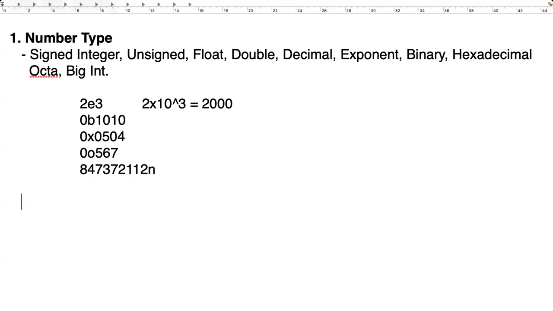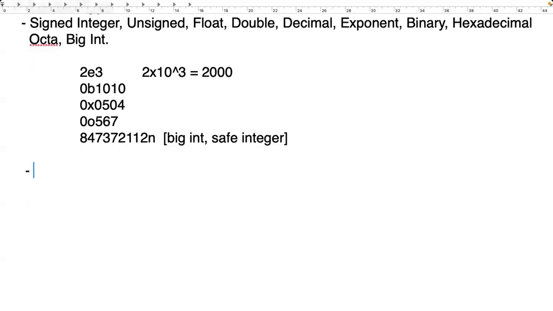So this is a big integer, and it is a safe integer. That is one point. How we define a number is important. Next, what you learned in JavaScript is presenting numbers. Presenting numbers has three methods.